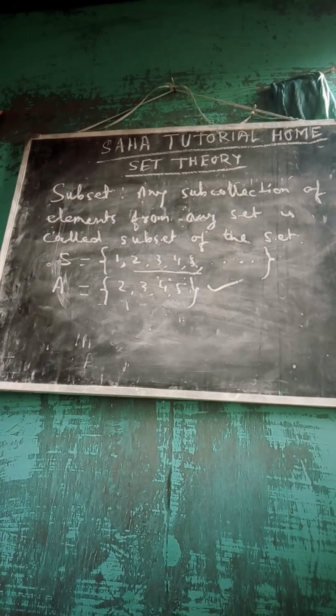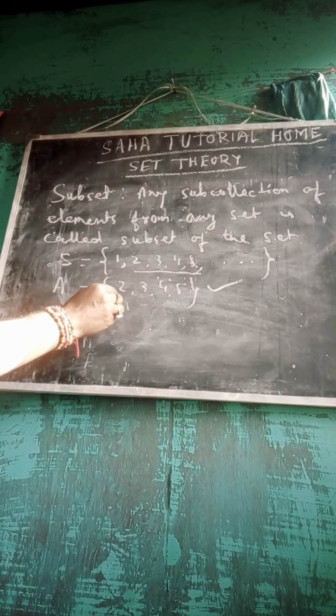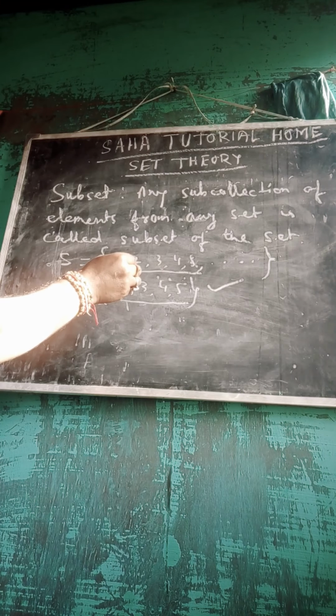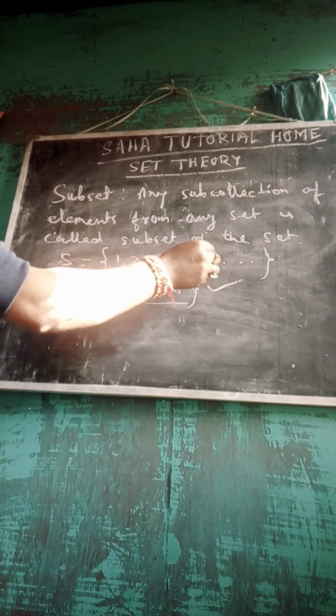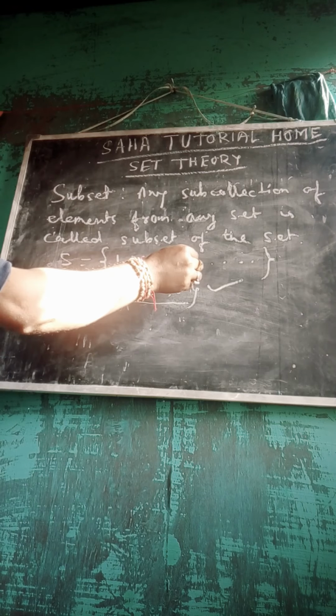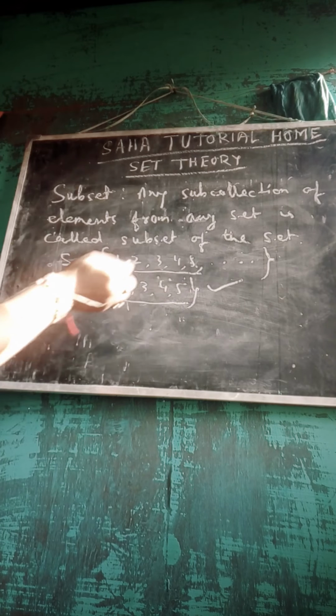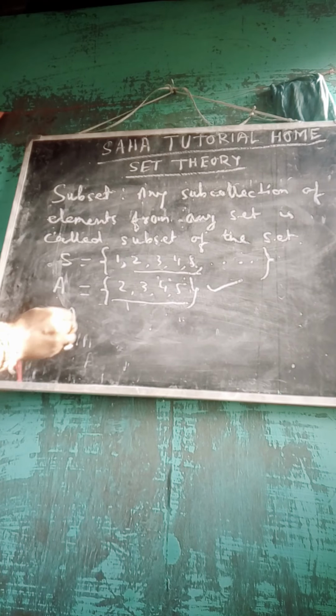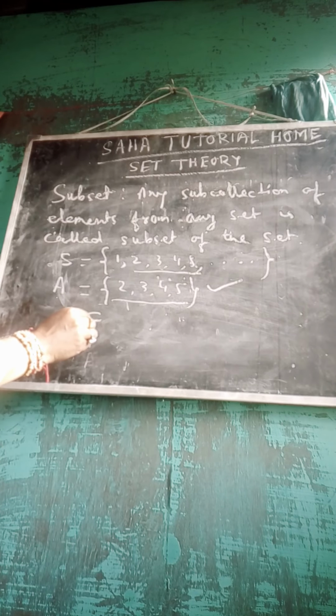Now you can see that the number of elements in the subset is much less than in the set of natural numbers. We usually denote a subset in this way.